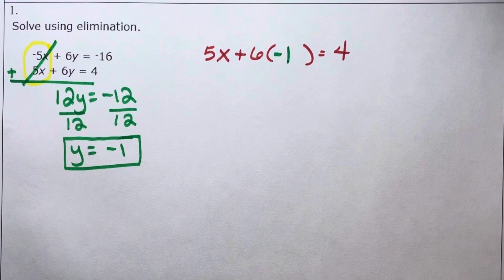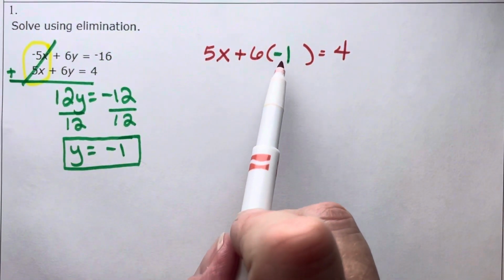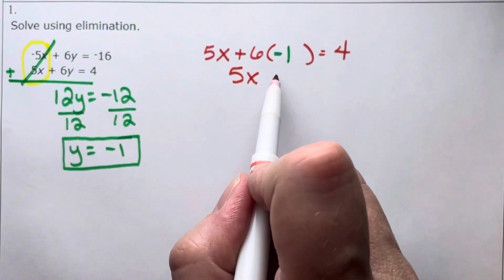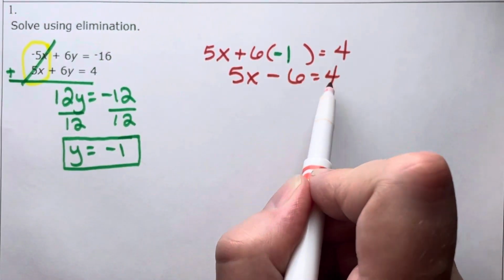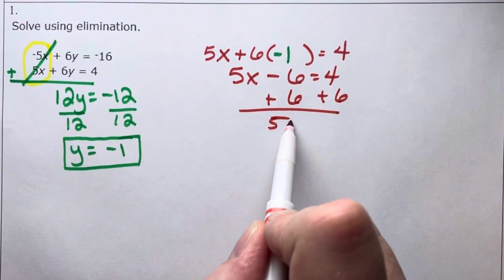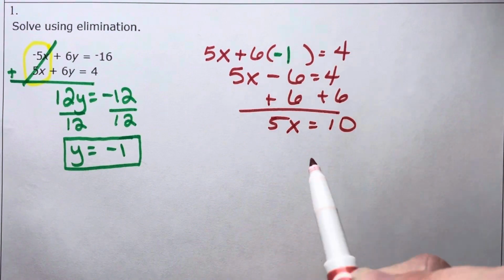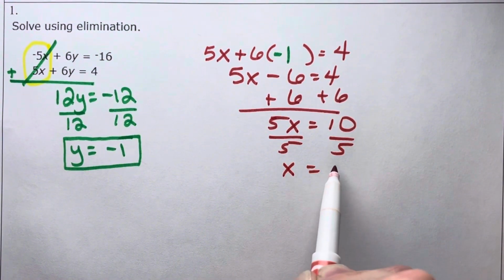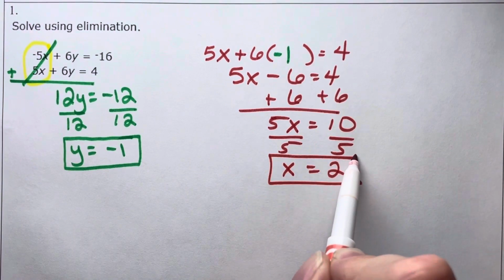So let's go solve for x and see what we get. So 5x plus 6 times negative 1 equals 4. That gives us 5x minus 6 equals 4, where we add 6 on both sides, and 5x equals 10. Divide by 5, and we find out that x equals an exciting 2.